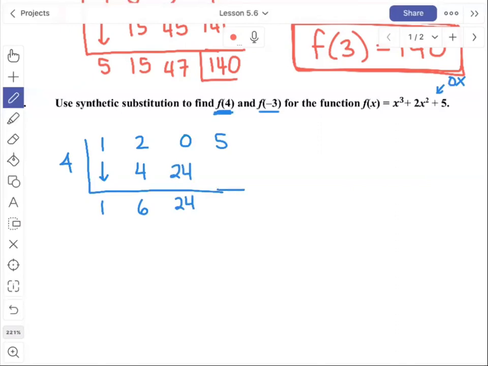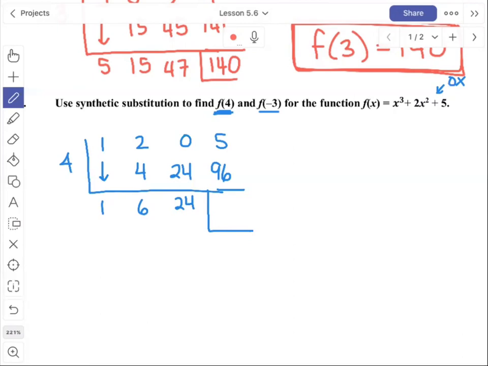Oh, careful. 24, you've got to multiply it with the 4. So that is 96. And then it would be 91. Oh, close. 96 plus another 5. Plus, maybe 101. There you go.